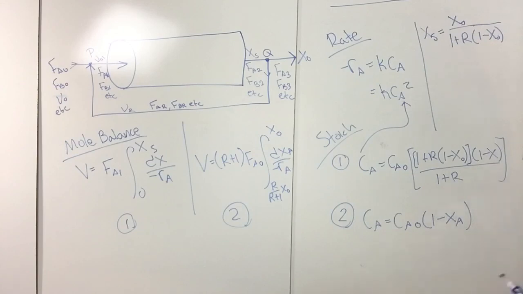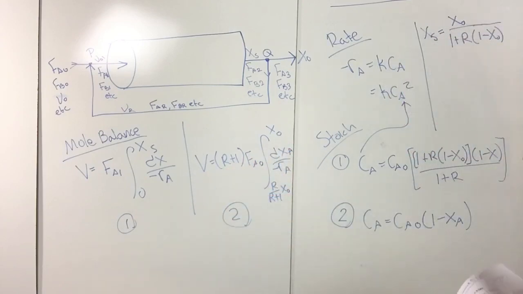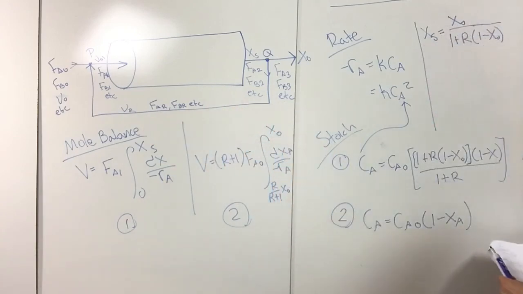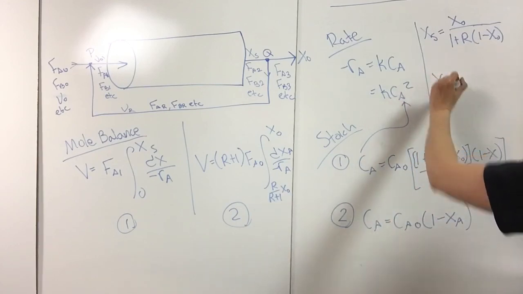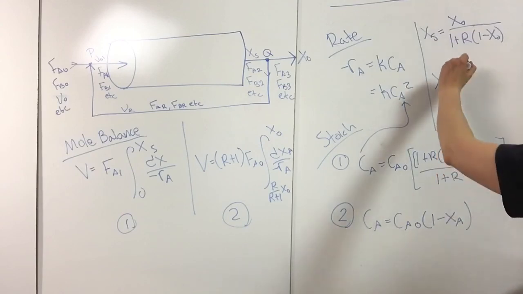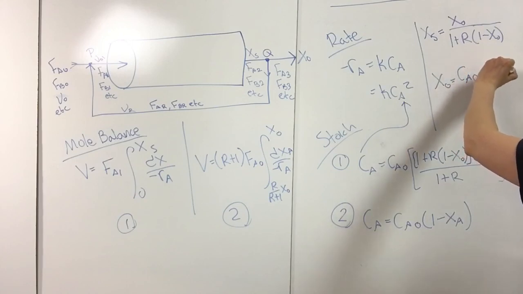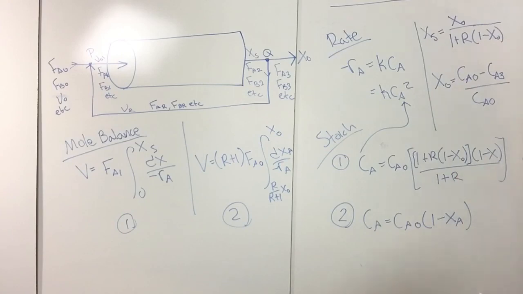And then for both of these, we can put this in terms of concentrations, CA naught and CA3, by looking at the definition of X naught. We know that X naught, and I wrote this down earlier, but I erased it, is equal to CA naught minus CA3 over CA naught. If you wanted to get your final answer in terms of concentration, you would substitute this in for X naught.